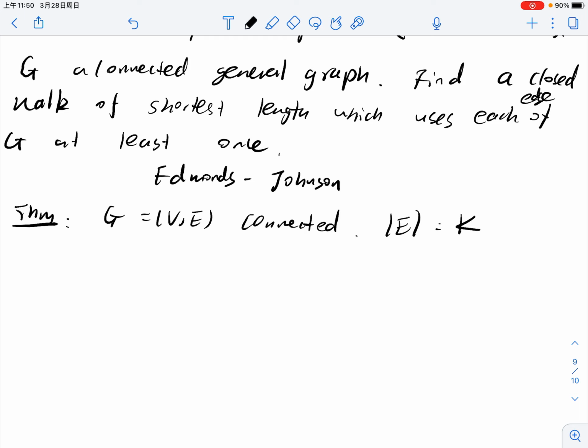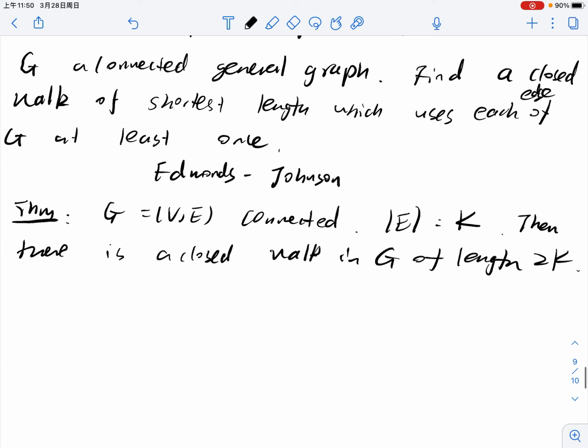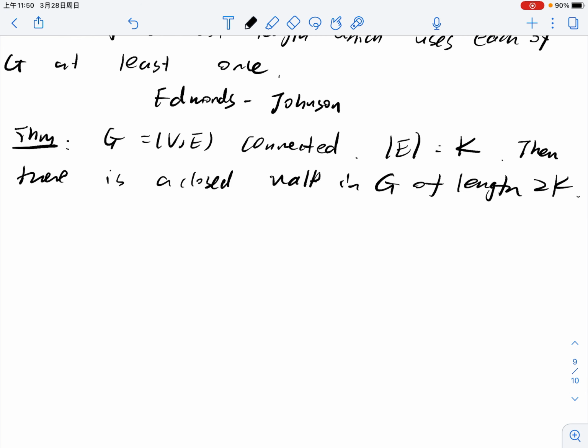The cardinality of E is K, then there is a closed walk in G of length 2K. So in other words, at most you repeat every edge twice. You can walk through all the edges.